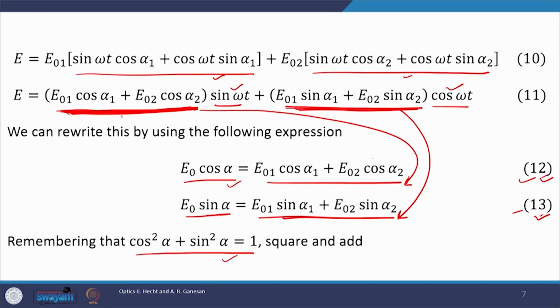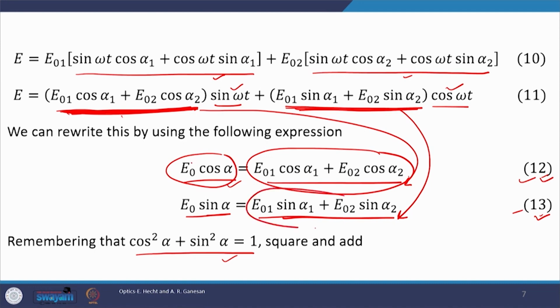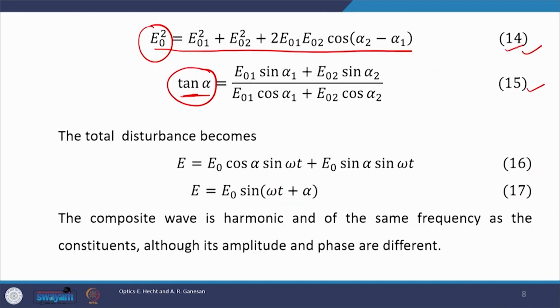We replaced the first term by E naught cos alpha, where both E naught and alpha were unknown. Similarly, we replaced the second term with E naught sin alpha, where again E naught and alpha were unknown. By using equations 14 and 15, now we can get the value of E naught as well as the value of alpha. Everything is known now.